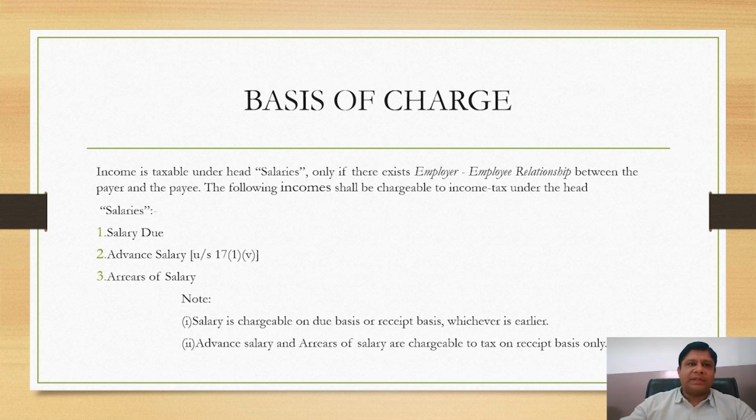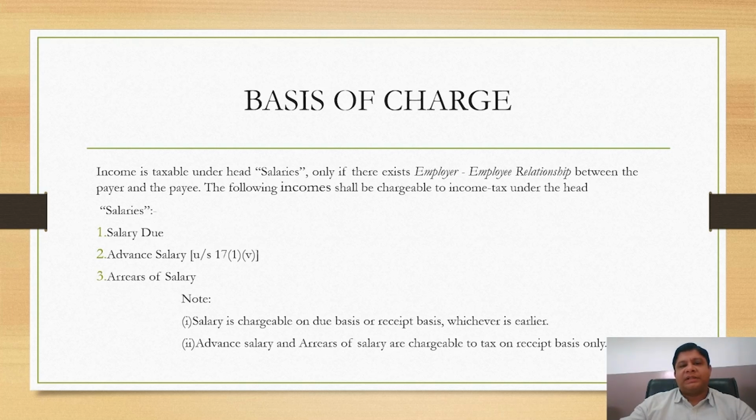Both are taxable as salary. Remuneration for extra work is also taxable as salary. Salary from more than one source or employer is also taxable as salary. Salary from a former, present, or prospective employer is also chargeable to tax under the head salaries.